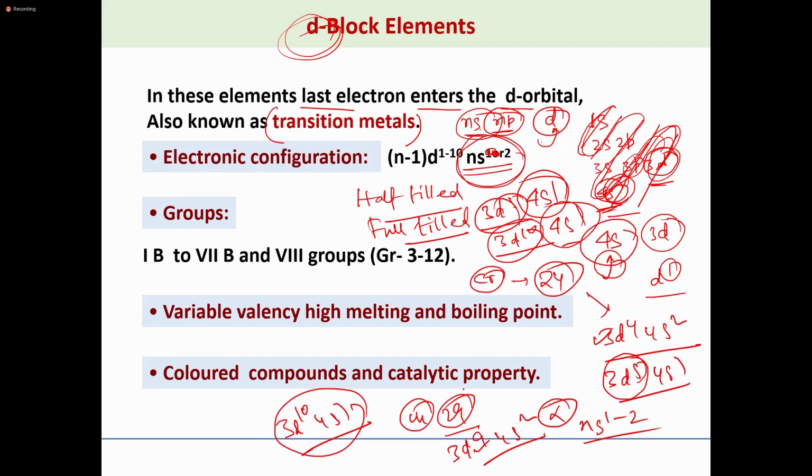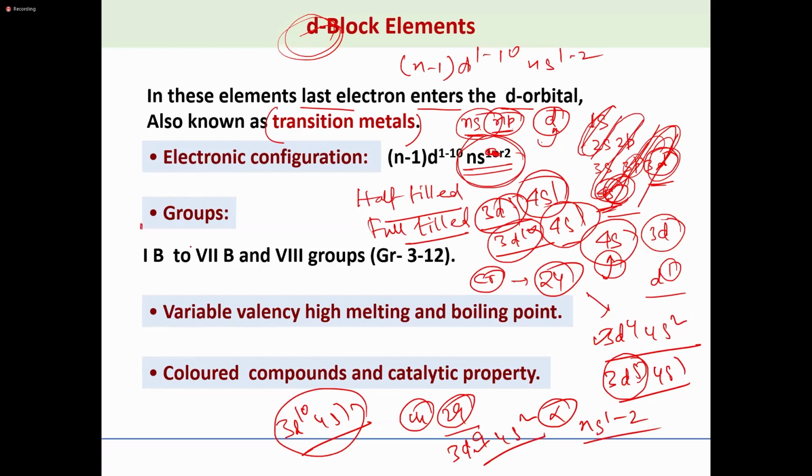So there are two exceptions: one is copper and another is chromium. In those cases, the d orbital becomes half filled or fully filled because of the stability of the half-filled and fully filled configurations. That's why the general electronic configuration of the d block elements is (n minus 1)d 1 to 10, and ns 1 to 2.